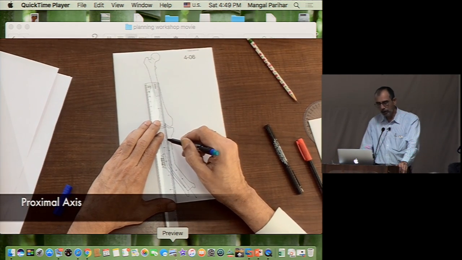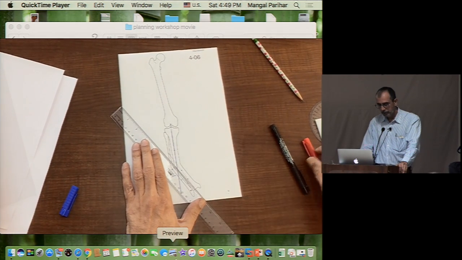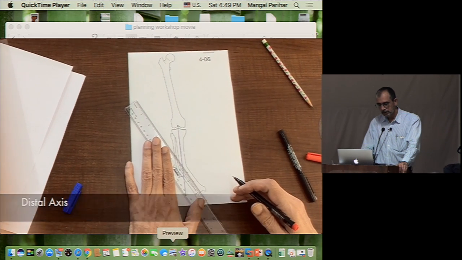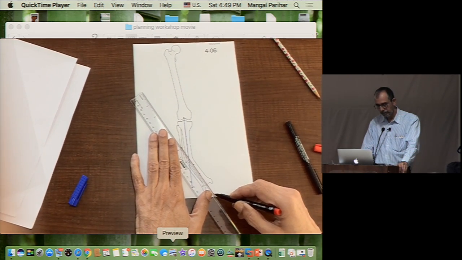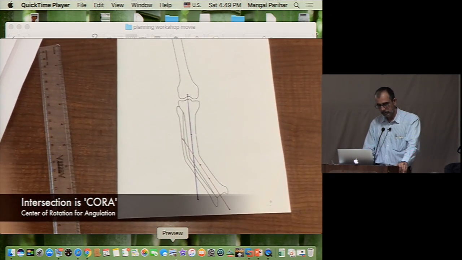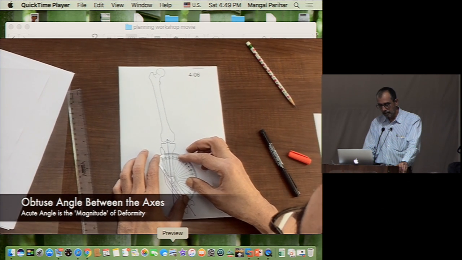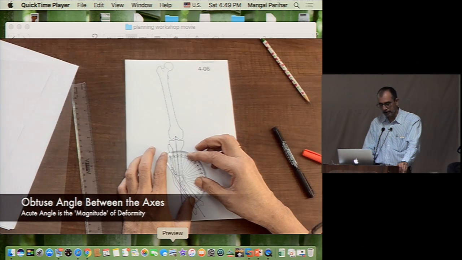You draw your proximal axis, you draw your distal axis, and now you get the CORA, right. And what is the bisector line? It is the bisector of the obtuse angle, right.